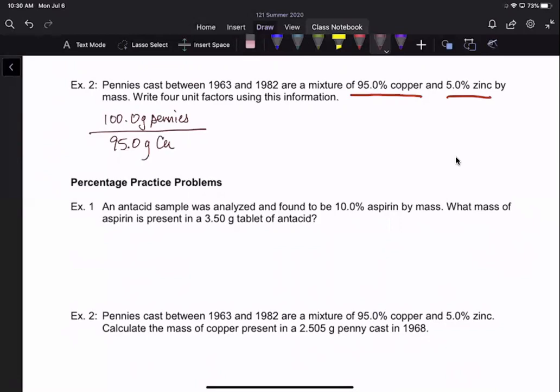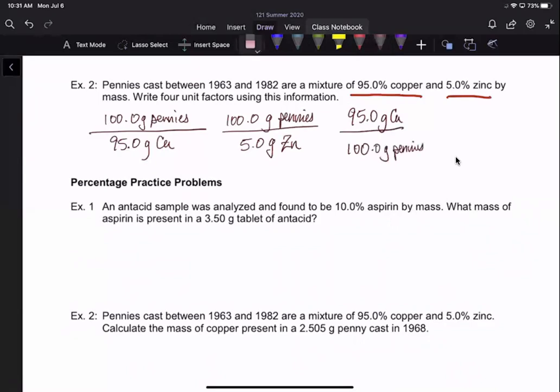And we also know that if we weighed 100 grams of pennies, of that, 5.0 grams would be zinc. And we could flip any of those. We could say, well, there is 95.0 grams of copper in 100 grams of pennies.